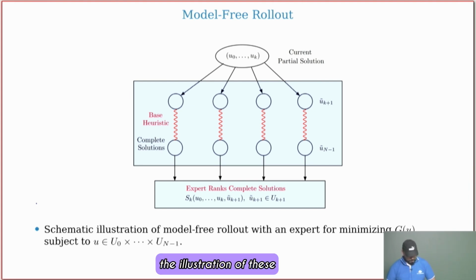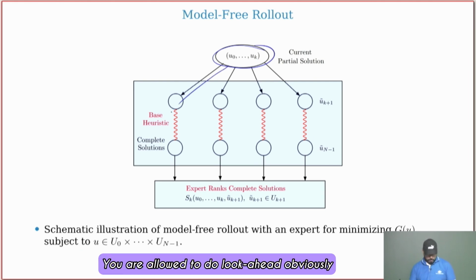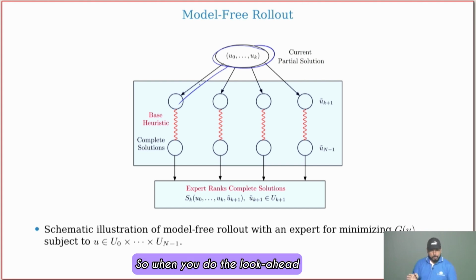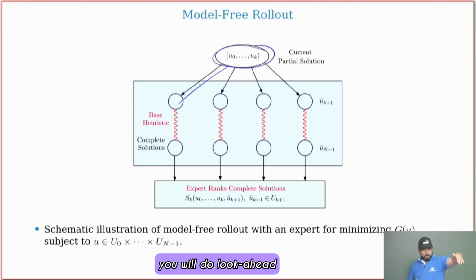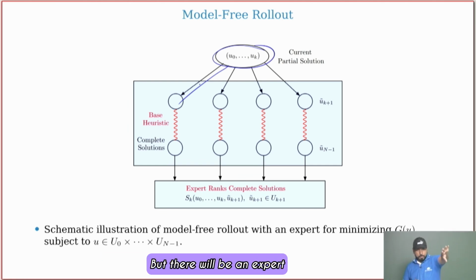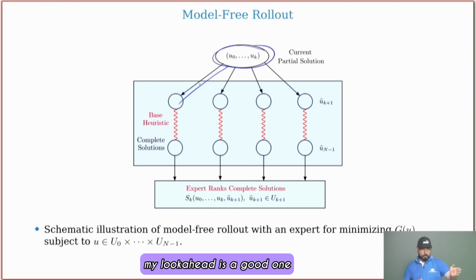You have a current partial solution, and then you apply some base heuristic. You are allowed to do lookahead, obviously. When you do the lookahead, you have the base policy go to the terminal. But there will be an expert that will tell you, okay, this is good. And when the expert says that it's good, then you say, okay, my lookahead is a good one, and then you update your base policy.